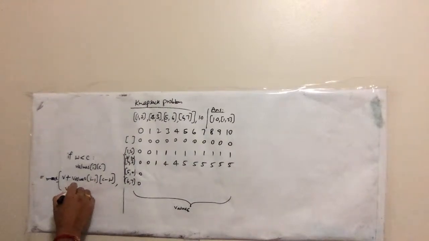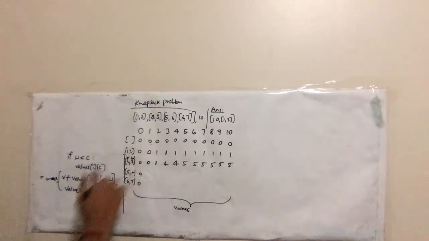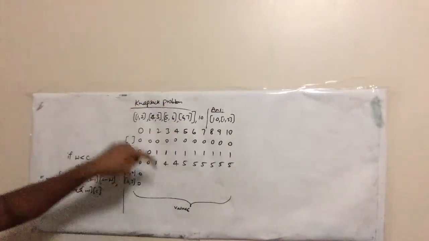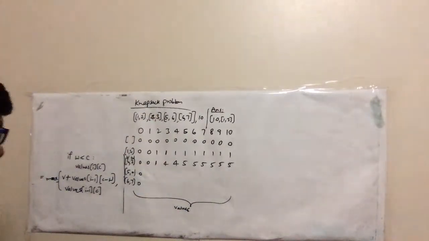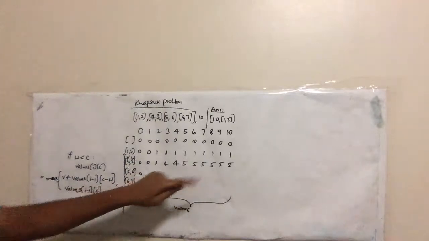So either this one or values of i minus 1, i minus 1 and the same column. This is the maximum weight which will produce this whole values 2 by 2 matrix. Okay, we can easily calculate this.